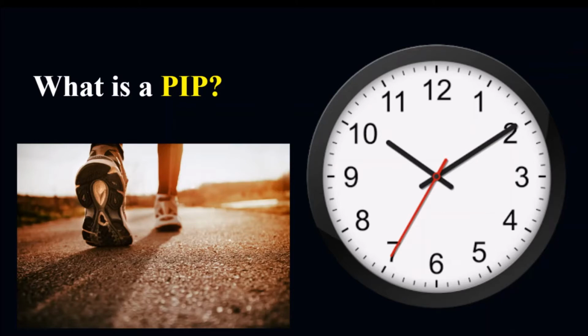So you can think of a pip as the unit of measurement for how the forex market moves, right? So if we take the US dollar Swiss franc, for example, that market, if it moves up and down in price, it's moving in terms of pips, right?